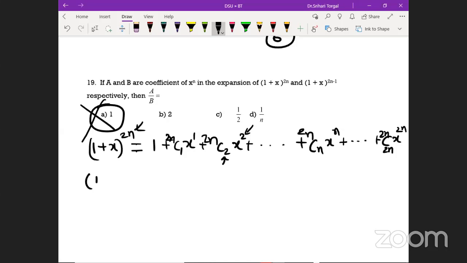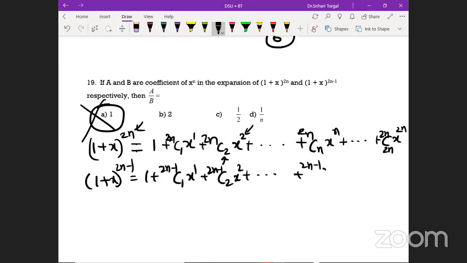Now, if you expand (1 plus x) whole power 2n minus 1, you will get 1, 2n minus 1 c1 x power 1, 2n minus 1 c2 x power 2. Similarly, 2n minus 1 cn x power n, and similarly, 2n minus 1 c2n minus 1 x power 2n minus 1.